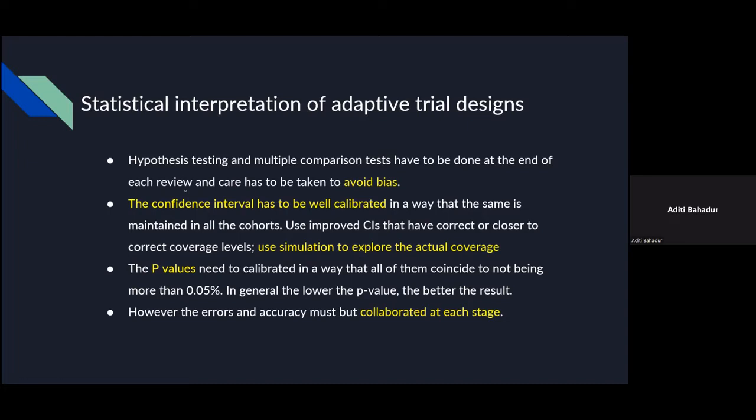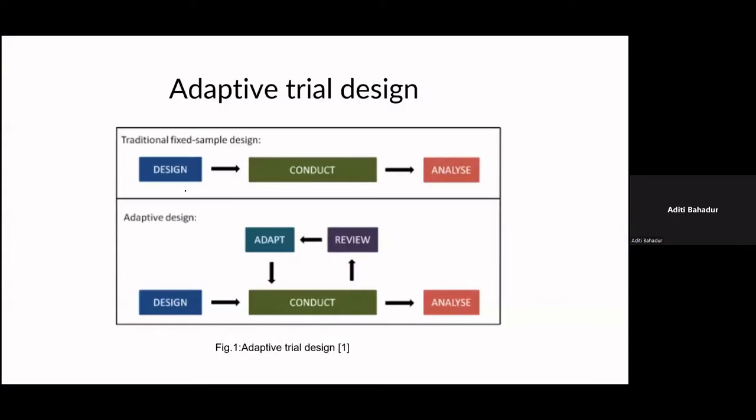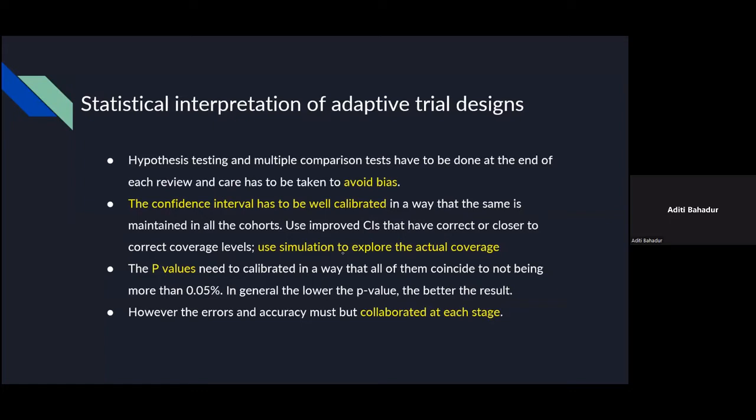What do we mean by multiple comparisons? As we looked at in the previous slide, we are reviewing the trial immediately after one cohort has been conducted or one patient group has been analyzed, and we're looking at the doses and at different things. At that time, it can be really tricky to understand which outcome is better, especially when the outcomes are unknown. So statistically speaking, and also logically speaking, it's very possible for there to be a certain amount of bias.